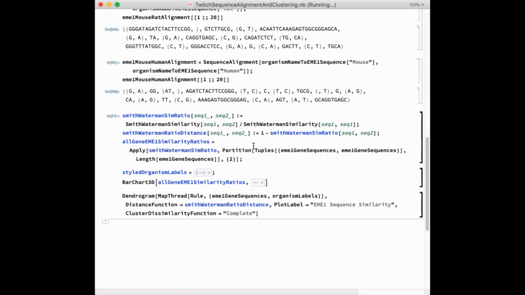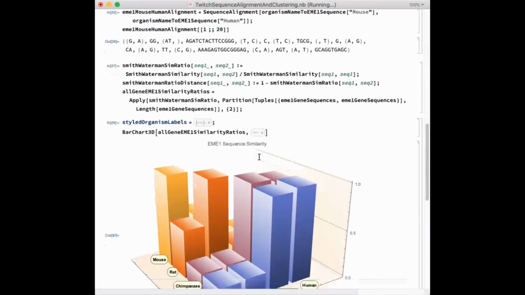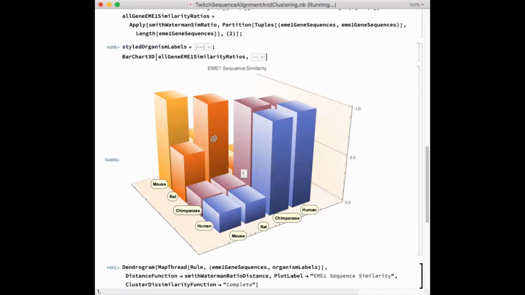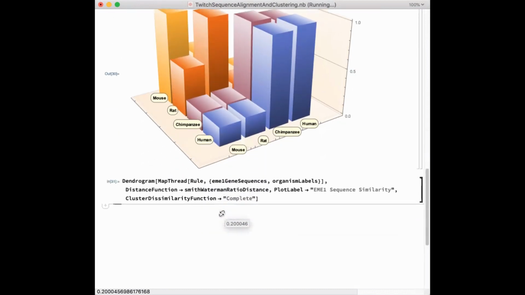So this takes a little while to compute, since we're comparing the similarity of all the sequences against each other. Here we go. So as we see, all the genes are perfectly similar to themselves. Chimpanzees and humans, about 90% similar. Rats and chimpanzees, about half similar, and say humans and mice, about 20% similar.